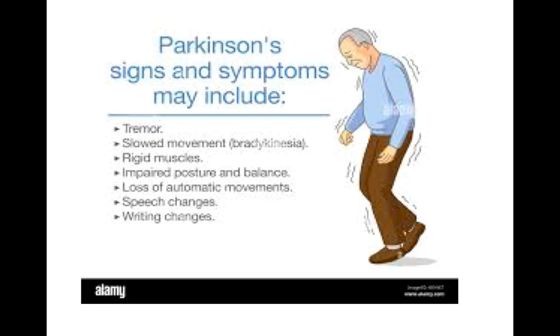To repeat, tremor, bradykinesia, rigidity, impaired posture and balance, loss of automatic movements, speech changes, and writing changes. When you ask the patient to write a sentence, the size of the letters slowly becomes smaller and smaller.